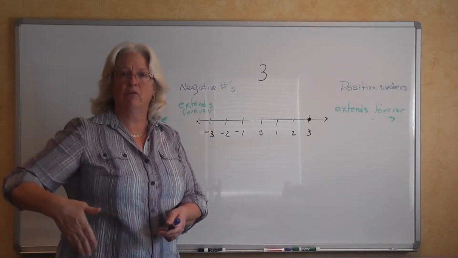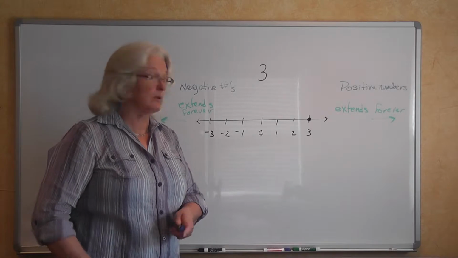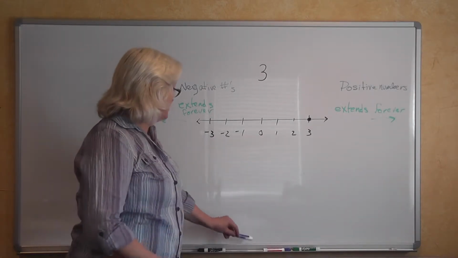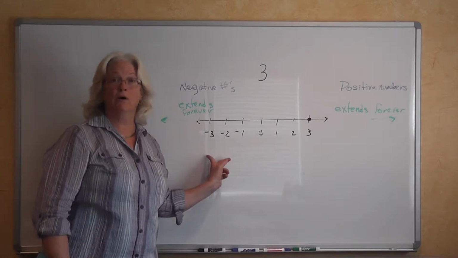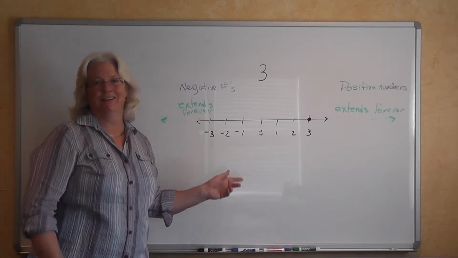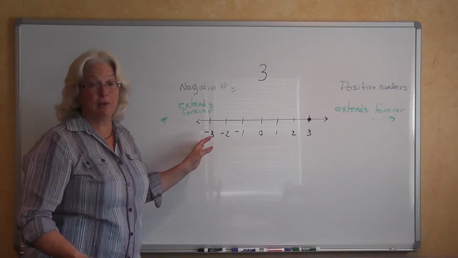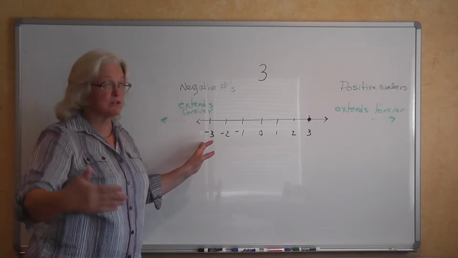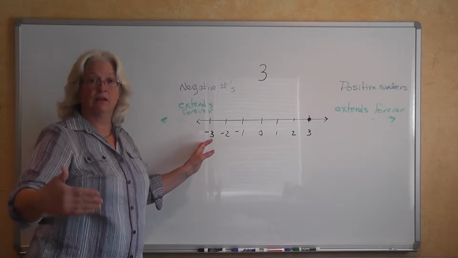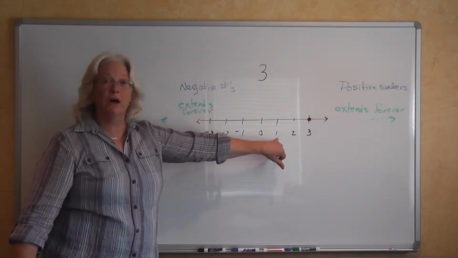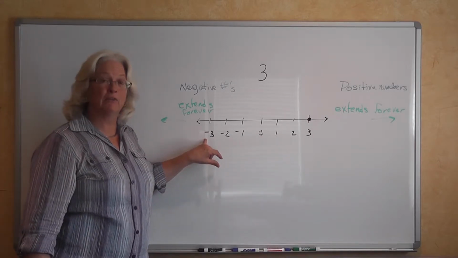Would you rather have $1 in your pocket, which is what we have with +1, or would you prefer to owe mom $3? Well, that's a no-brainer, isn't it? Nobody likes owing money to anybody. Matter of fact, the Bible says, owe no man anything except to love them. So 1 is bigger than a negative 3.